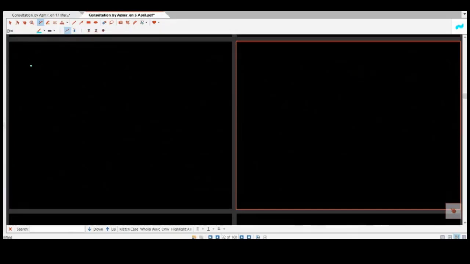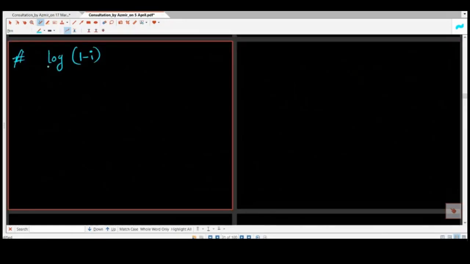So let's solve one problem from the complex logarithmic function. Suppose we are going to evaluate log of 1 minus i. From here, we can also evaluate the principal log of 1 minus i.